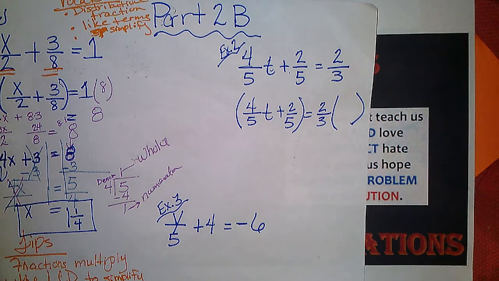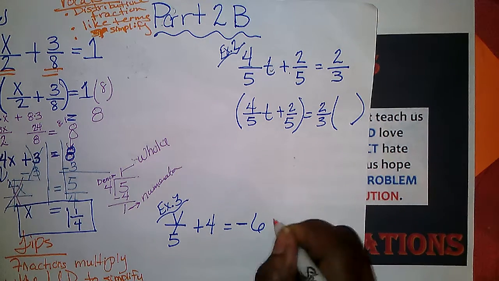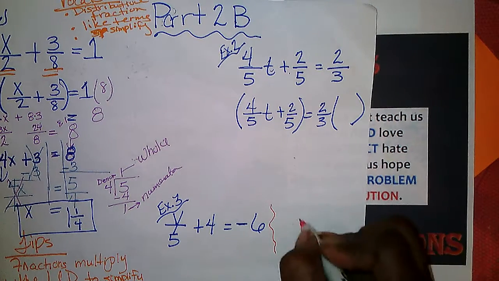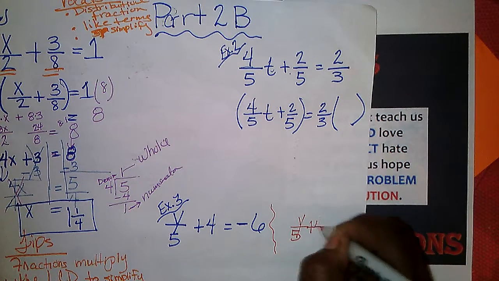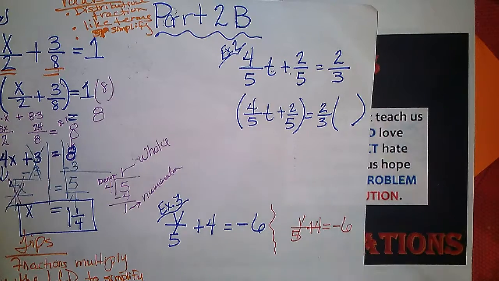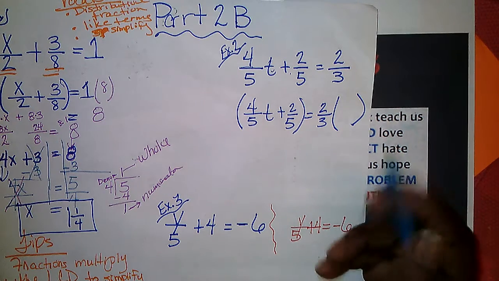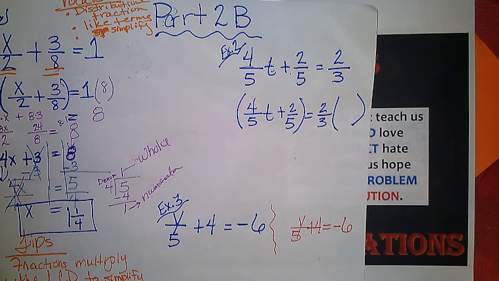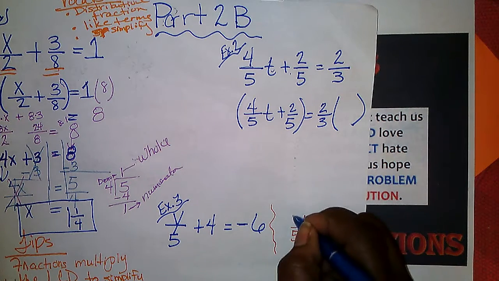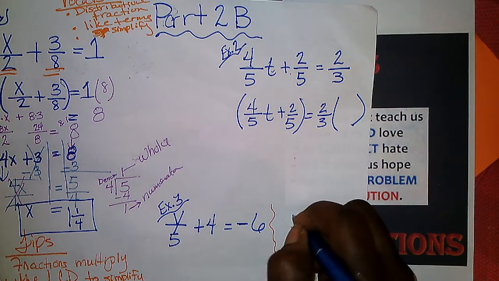So we have y over 5 plus 4 equals -6. And we said we are going to multiply by our denominator to get rid of the fraction.